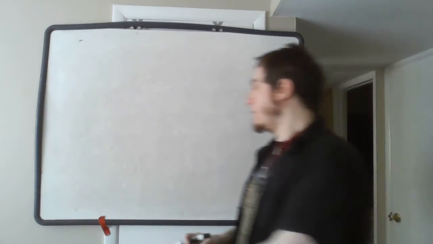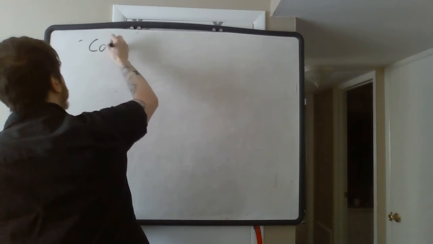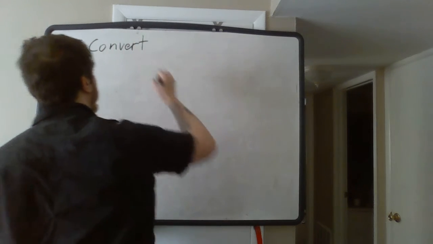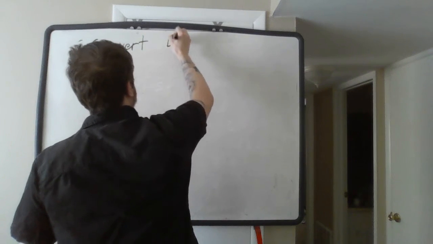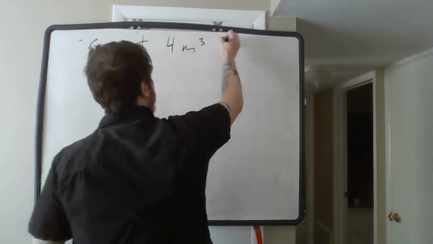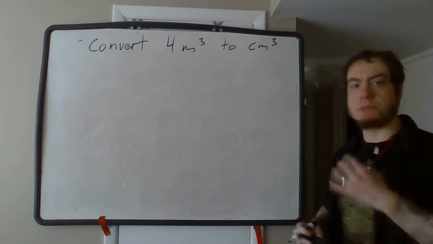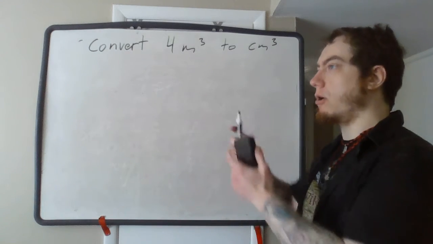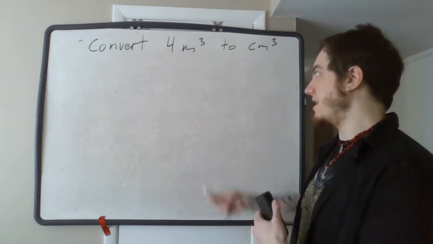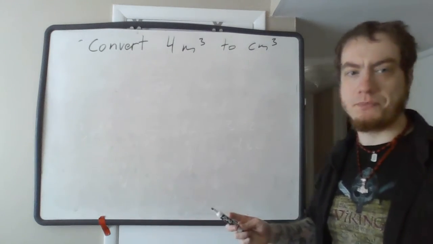So suppose that I want to convert 4 cubic meters to cubic centimeters, in other words, meters cubed to centimeters cubed. Volumes are length times length times length, so they really are some unit of length cubed.